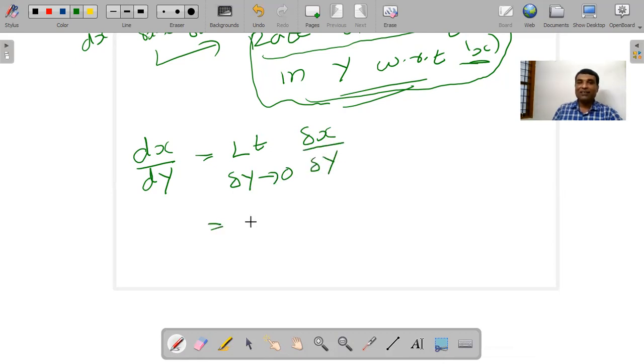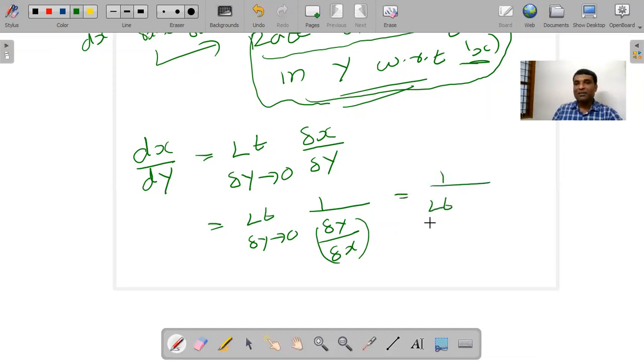This we can write as limit delta y tends to 0 of 1 divided by delta y by delta x. Now we can take the limit in the denominator, so this is equal to 1 by limit delta y tends to 0 of delta y by delta x.